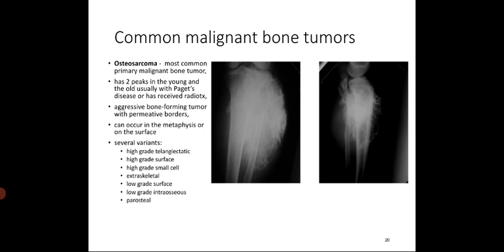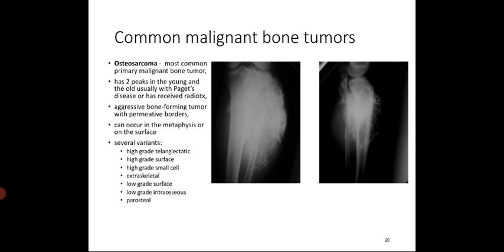Now, for the common malignant bone tumors, this one is an osteosarcoma. It's the most common primary malignant bone tumor. The most common bone tumor is of course multiple myeloma, and the most common tumor in the bone is metastasis.